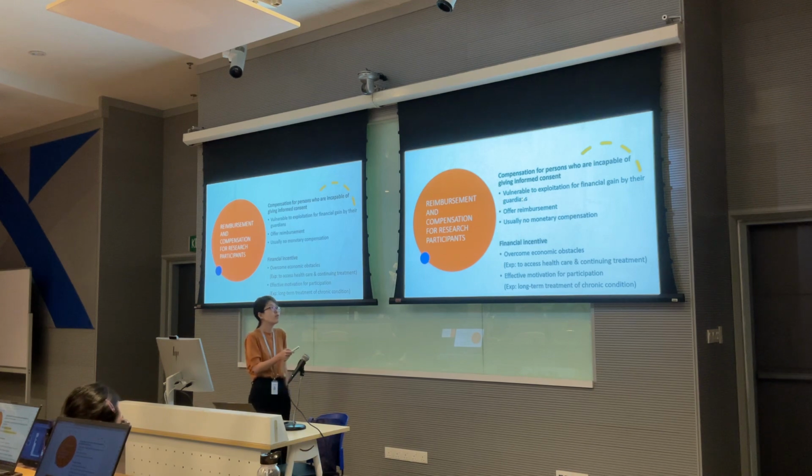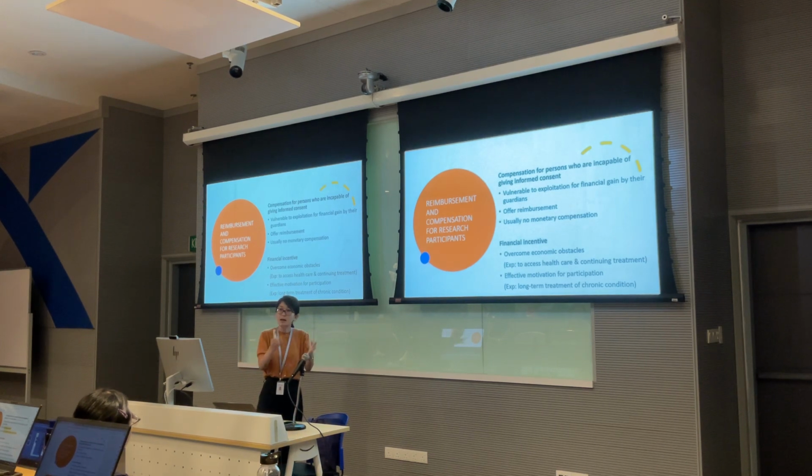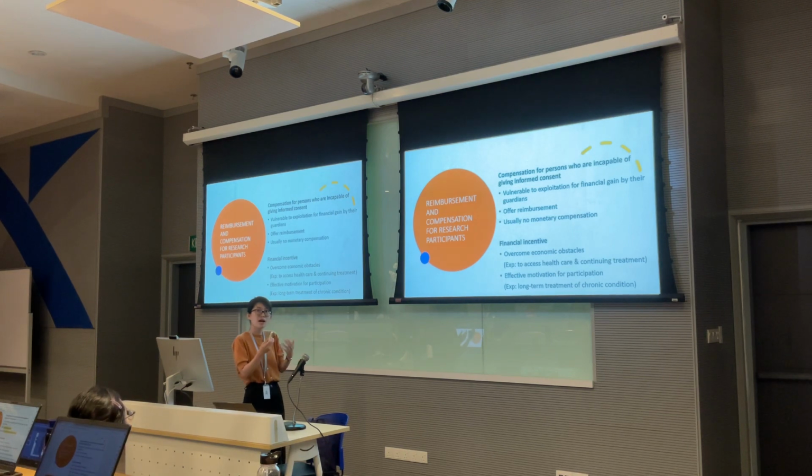They may take over the compensation instead. So please make sure that if you are providing reimbursement for those who are incapable, or for those who are children, you are targeting them.